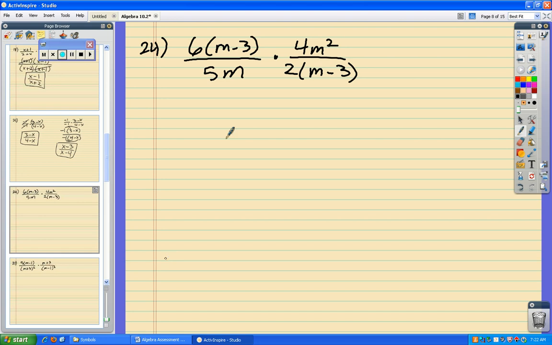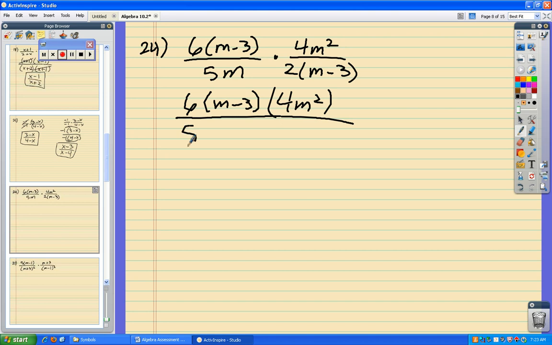Hopefully, if you're getting used to this by now, you could just do the cancel without having to write it as a single fraction. I'll just continue going the long way, just so that for those of you that are not seeing it yet, you have a 6 and m minus 3 times a 4m to the second.